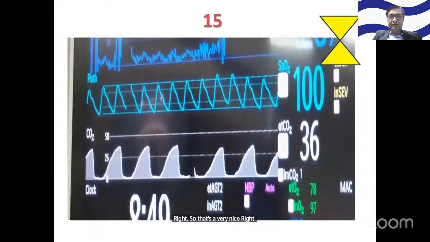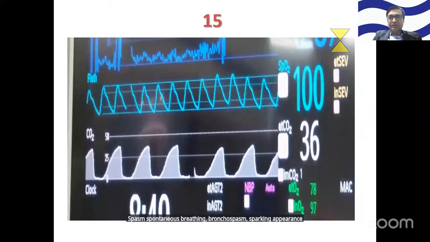Another spotter. Anyone can diagnose. Spasm, spontaneous breathing, bronchospasm, shark fin appearance, bronchospasm.